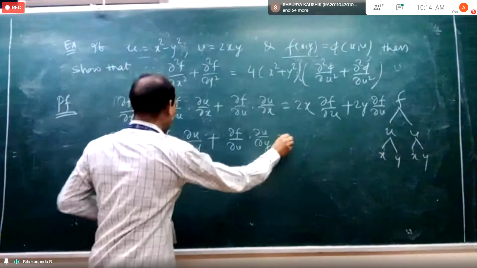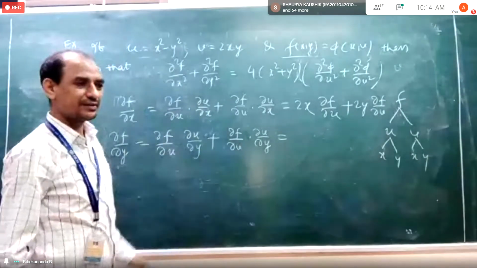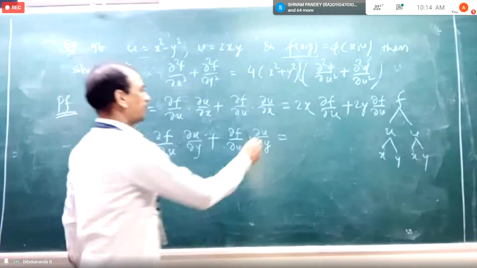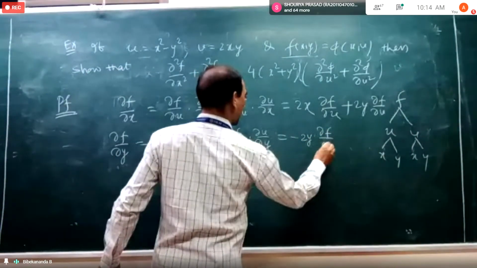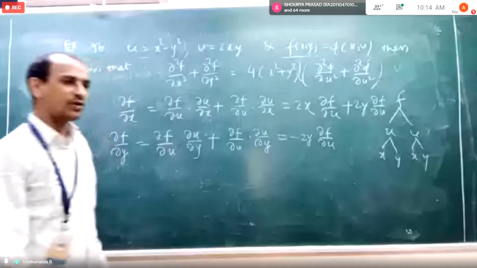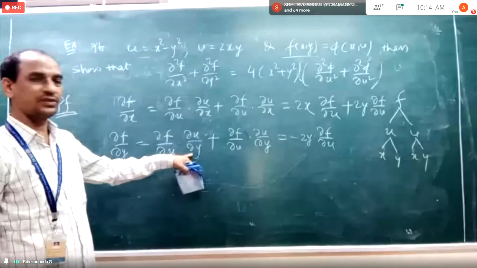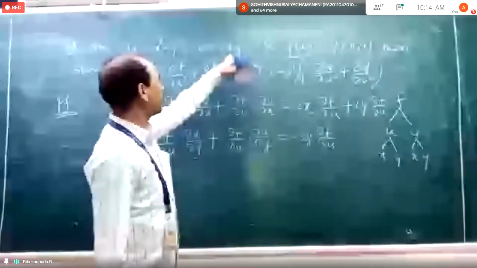Now tell me what is the value of dou u by dou y here? Minus 2y, sir. And you don't know what is the value of dou f by dou u, but you know this one. Then dou v by dou y, what is the value?